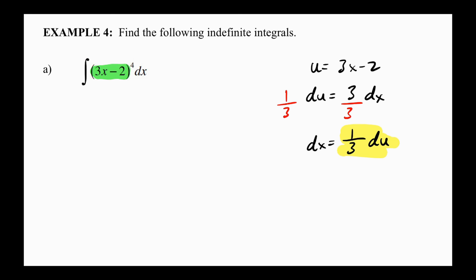All right. Step 5, substitute everything back in. So instead of 3x minus 2, I'm going to say u to the 4th power. Substitute instead of dx, 1/3 du.